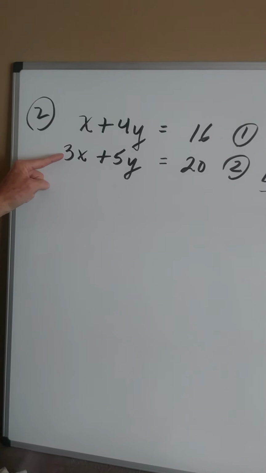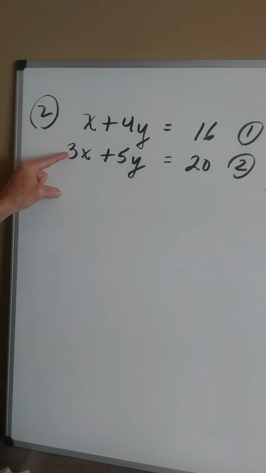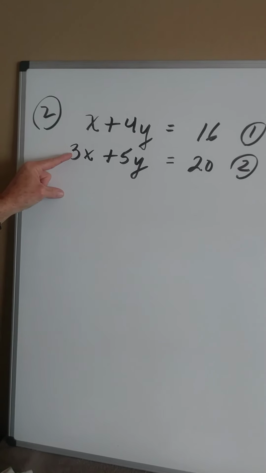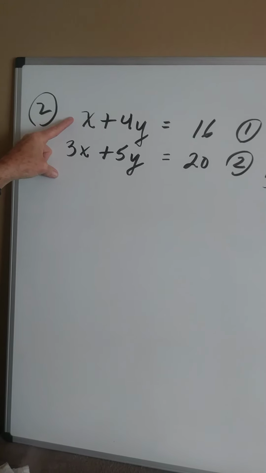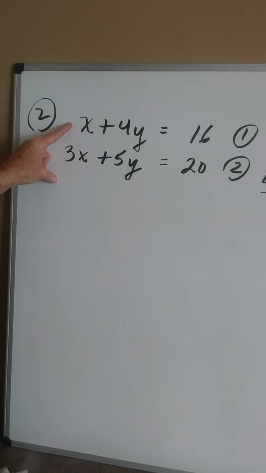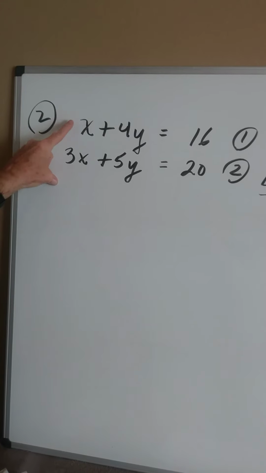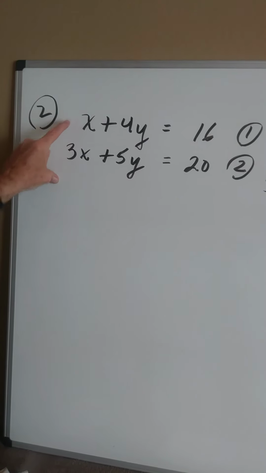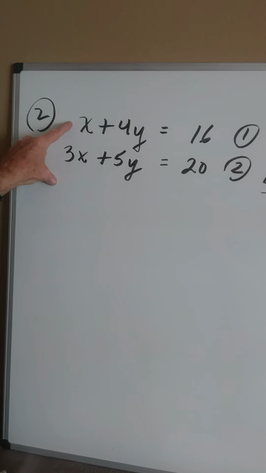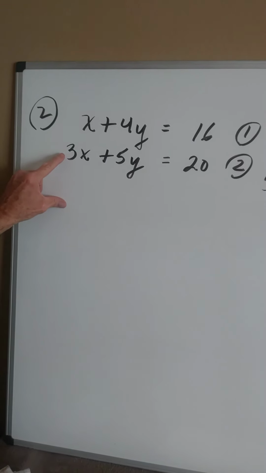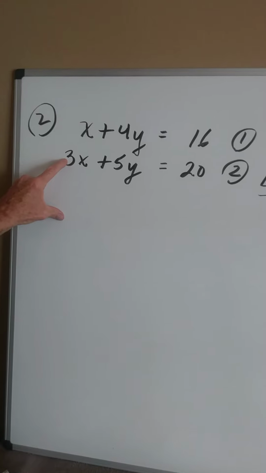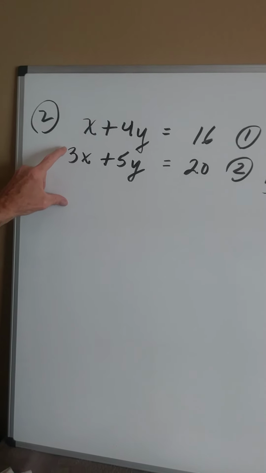Imagine that this coefficient of 3 is in a denominator position, and this coefficient of 1 is another denominator. If we were going to identify the LCD for these two coefficients, 1 and 3, that LCD would definitively be 3. The LCD is 3.